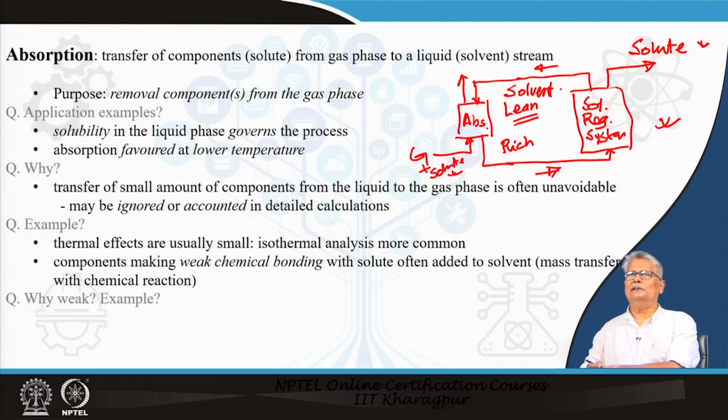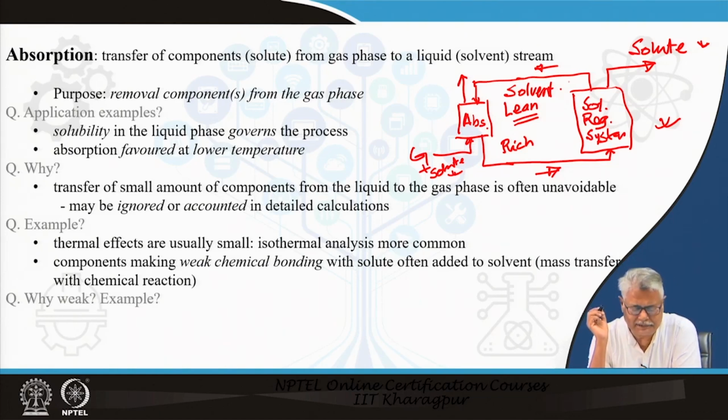So, you always find that the solvent regeneration system will be required to separate the solute and the solvent here, that means from the rich solvent, regenerate the solute, regenerate the solvent, send it back again.